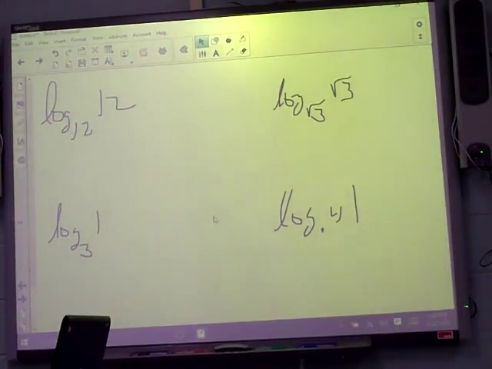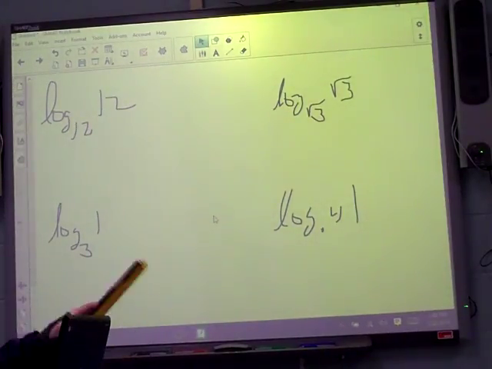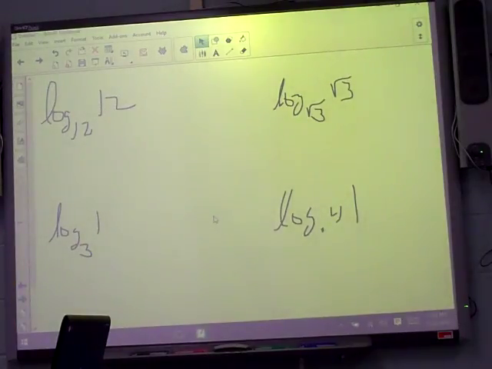That log button next to 7 only works then. I've got log base 12, so that button does me no good right now. But I can hit math and scroll all the way down to where the letters are, and I think it's letter A. It says log base. Pick that and fill in the blanks.